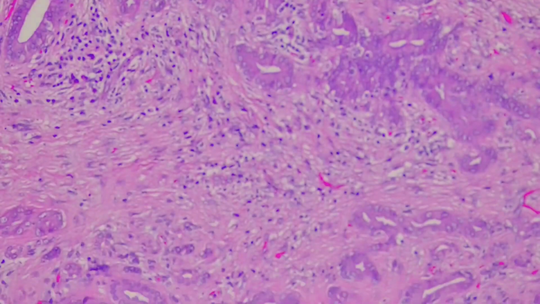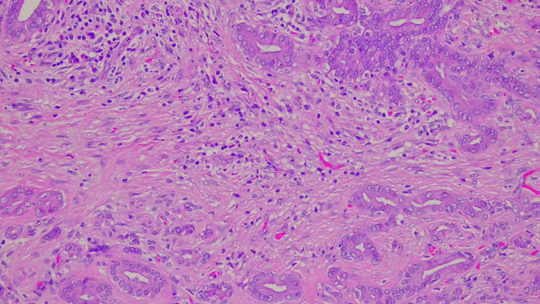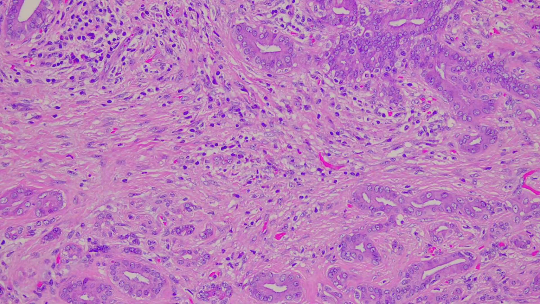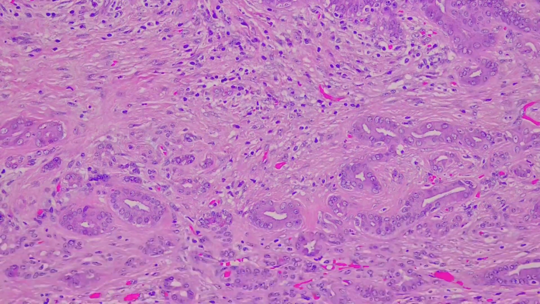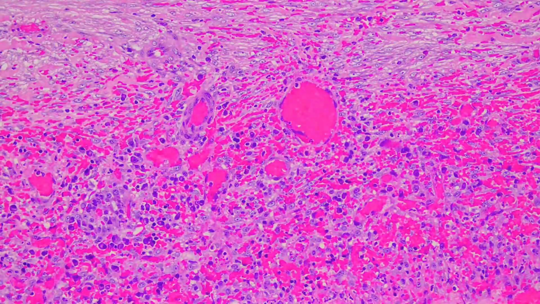Here is a pancreatic duct, and adjacent to this is the cyst wall, and we can appreciate that the wall is denuded of epithelial lining. No obvious epithelial lining. Most is inflammatory cells as well as necrotic debris and blood clot.